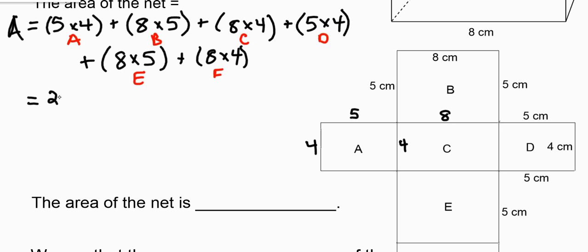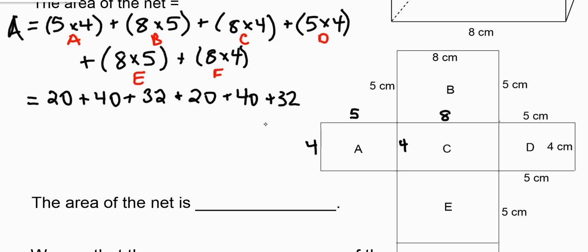So 5 times 4 is 20, plus 8 times 5 is 40, plus 8 times 4 is 32, plus 5 times 4 is 20, plus 8 times 5 is 40, plus 8 times 4 is 32, and overall, I have 20 plus 40 is 60, plus 32 is 92, this will give me 112, 152, and 184 centimeters squared.